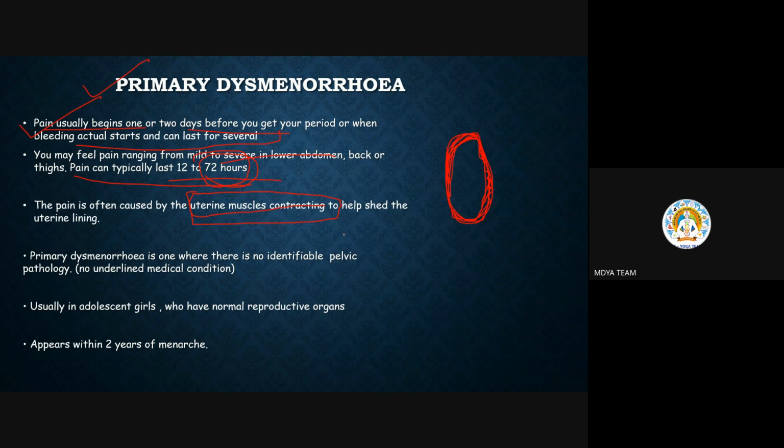So this is a uterus layer. When there is too much contraction in this, it can lead to excessive pain. This too much contraction is also called hyperactivity. The main cause is uterine muscle hyperactivity.